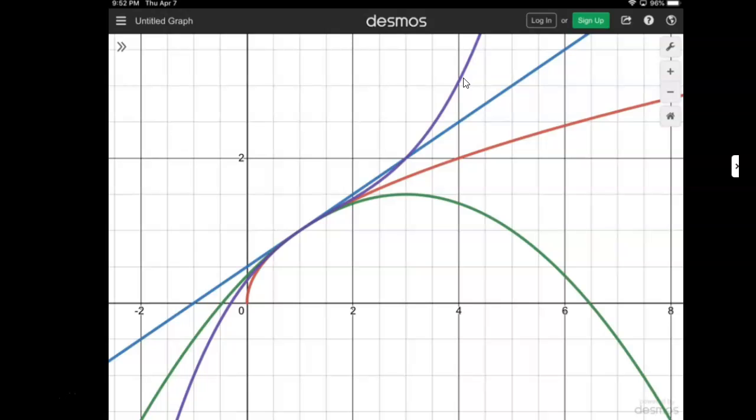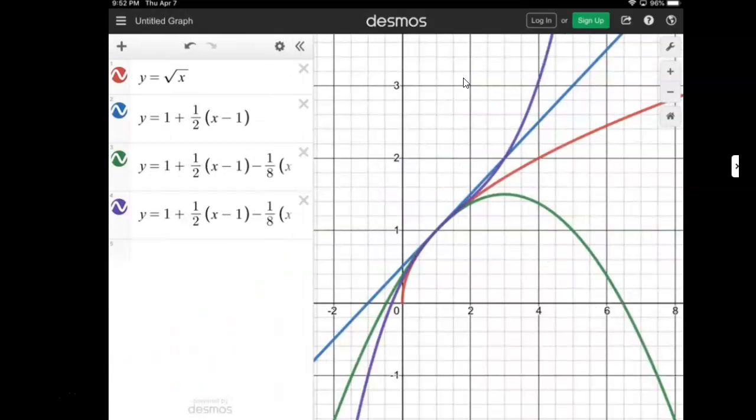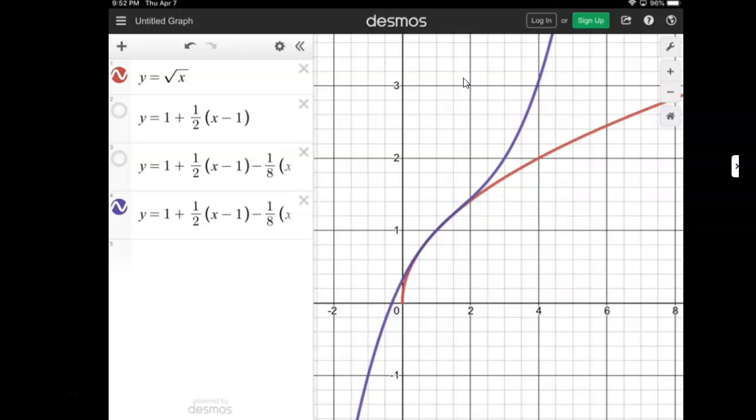But maybe if I turn a couple of these off here, you can see now the third degree approximation. And just comparing that with the green one, you can see it does stay a little bit closer, just a little bit longer. There's my third degree approximation, again, centered around the point right here, x equals 1.